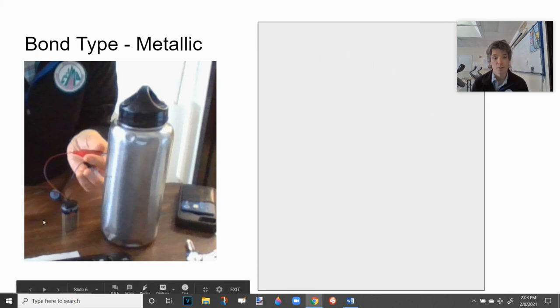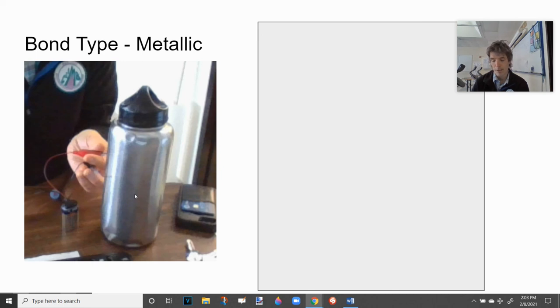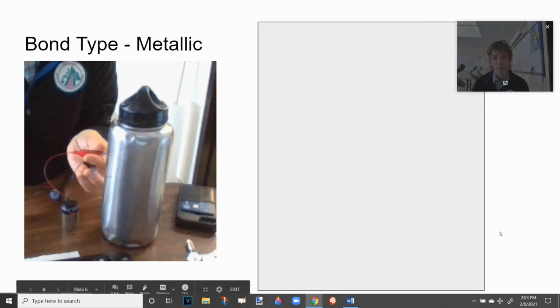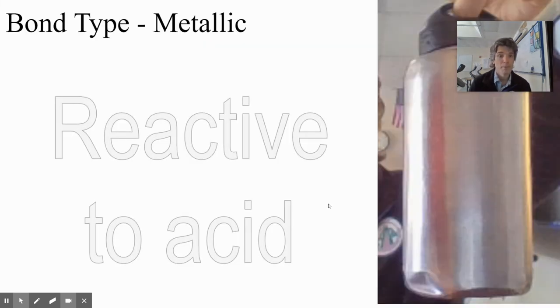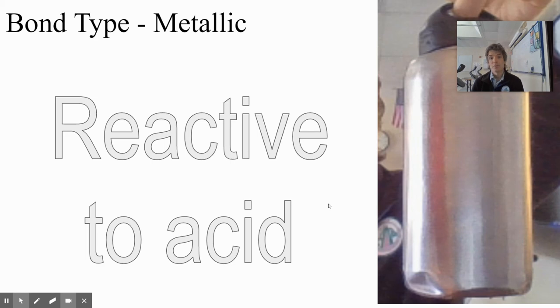You can see here this little conductivity test where I've got my bottle there, and the answer is yes, they are conductive. Here the wires are not connected to my water bottle, and here they are, and you can clearly see it's conductive. Metals tend to be reactive to acids.